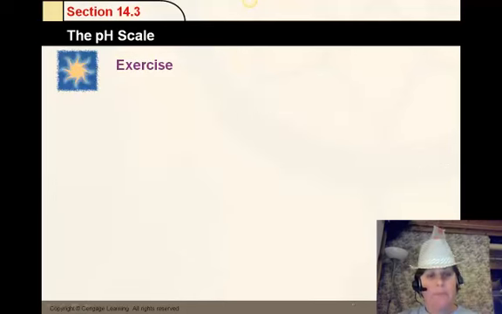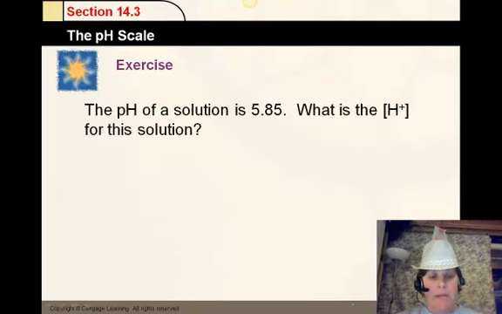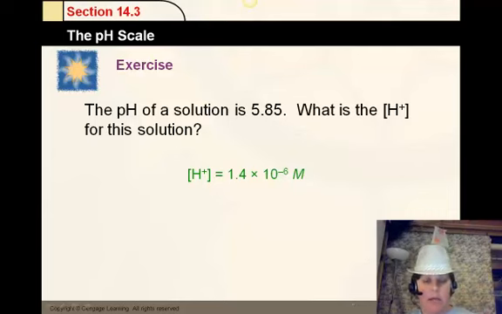I'll review. Alright, the pH of a solution is 5.85. What's the hydrogen ion concentration for this particular solution? I want to get from pH to hydrogen ion, so you're going to say 10 to the negative 5.85.